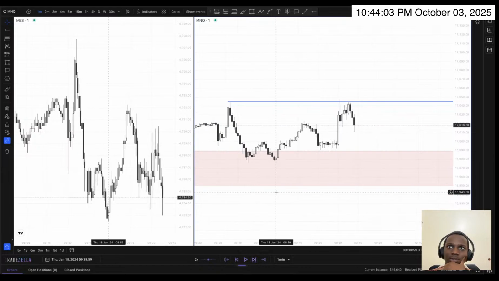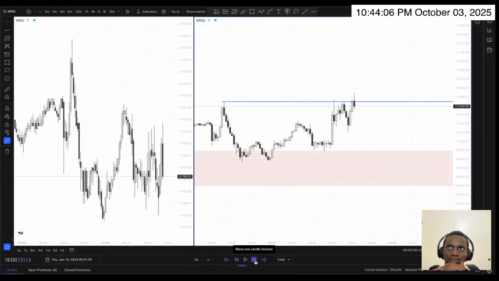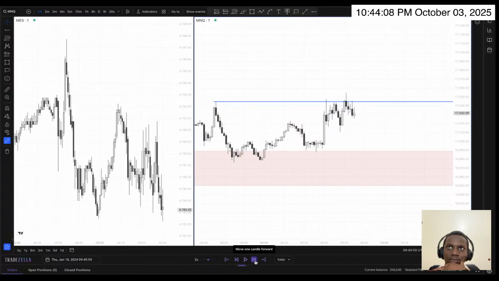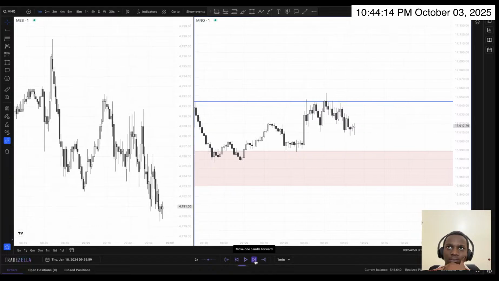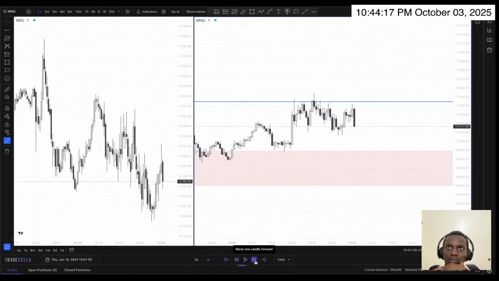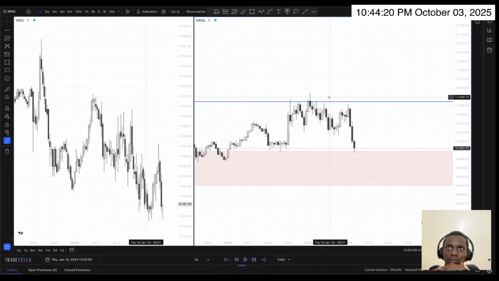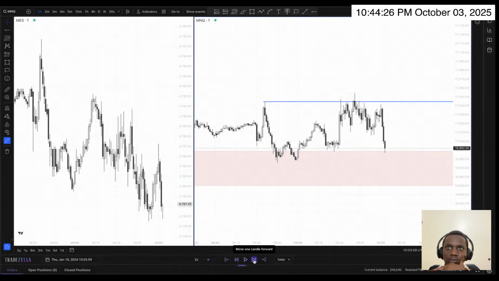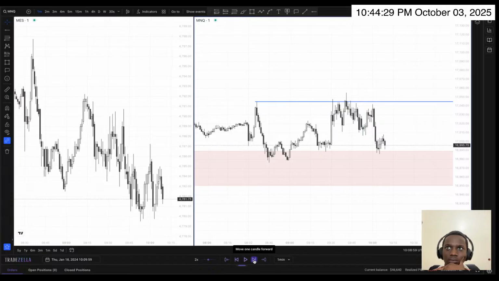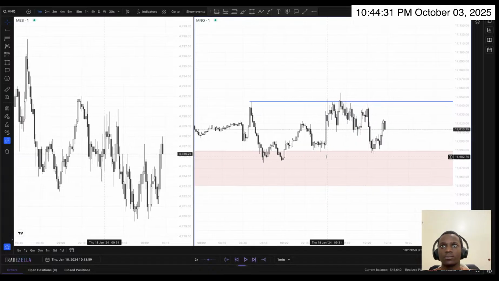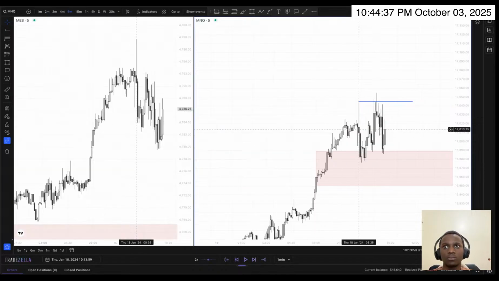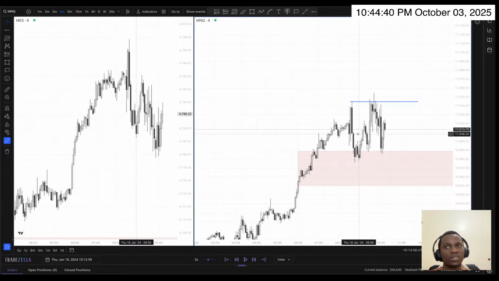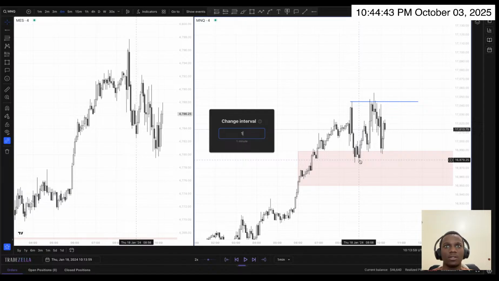So these relatively equal highs are looking sweet. I think we're going to drop to these lows still, even though this looks like an SMT.